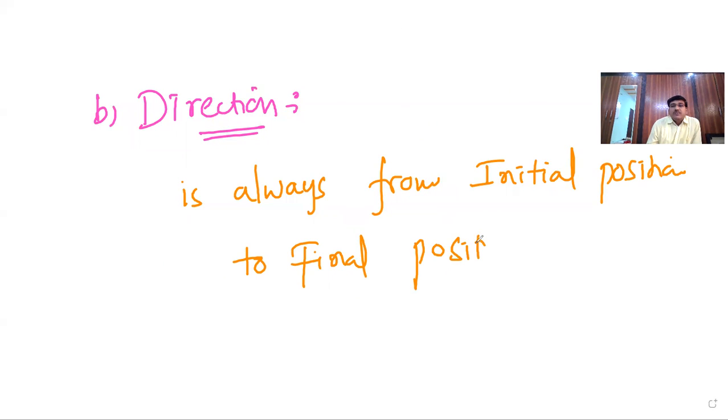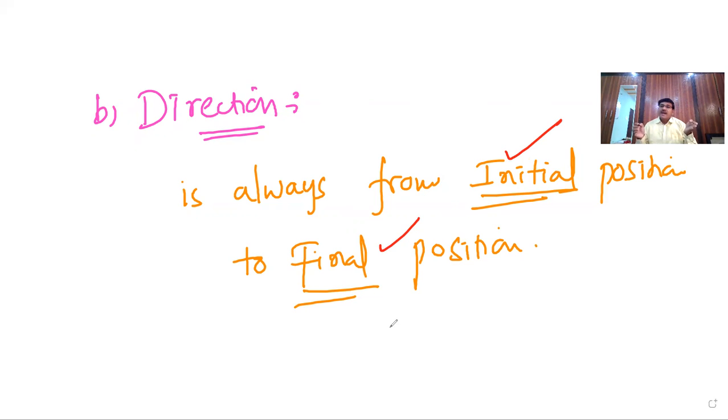This is very, very important. Magnitude is nothing but the length of the straight line joining the initial and final positions, whereas direction is always from initial to the final position. Clear?